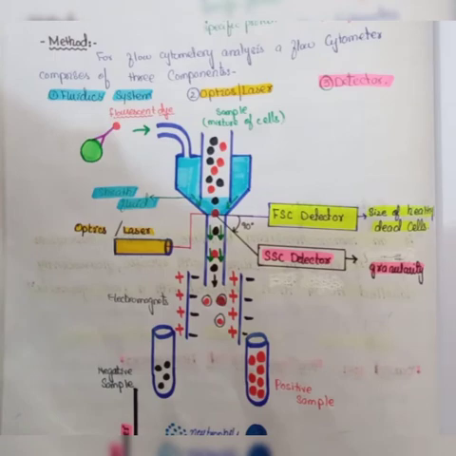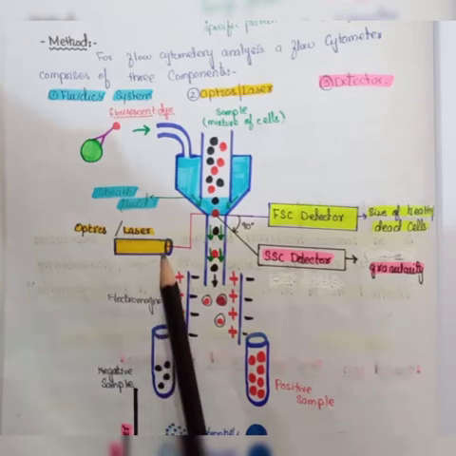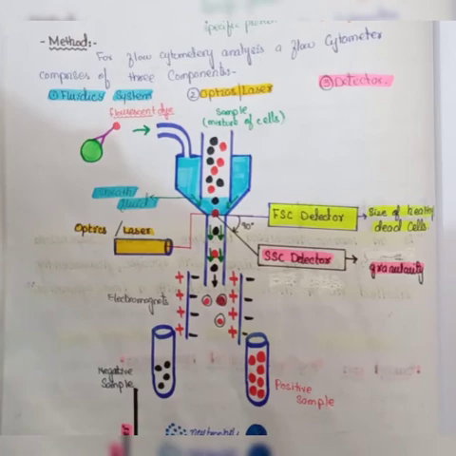When the cells run downward one by one, they come in contact with the laser light that releases from the light scatter. Then these cells scatter this light in two directions, either forward or side scatter.